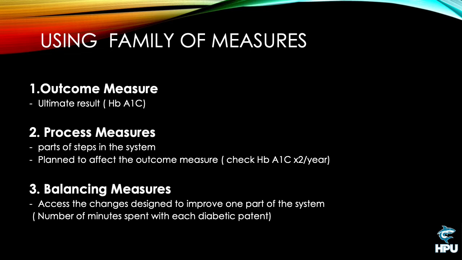One patient has more time spent on diabetes education than another. Is this the effect, the result on hemoglobin A1C? More like, balancing measures help teams monitor aspects of the system they don't want to damage accidentally.